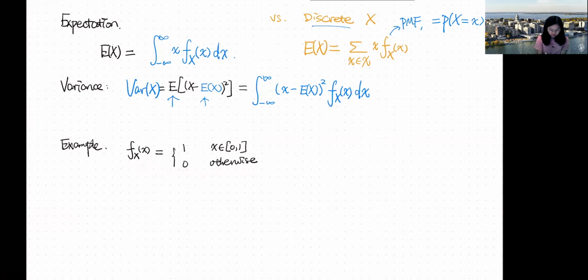We drew the graph of this probability density function. So that is 0 and that is 1. And this probability density function is flat on the 0, 1 interval, flat at 1 and 0 elsewhere.